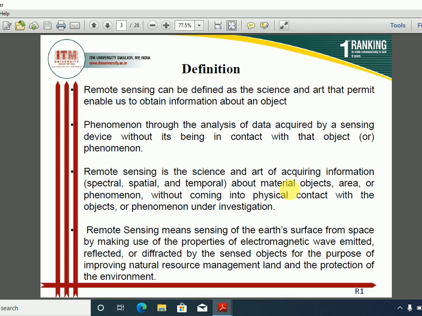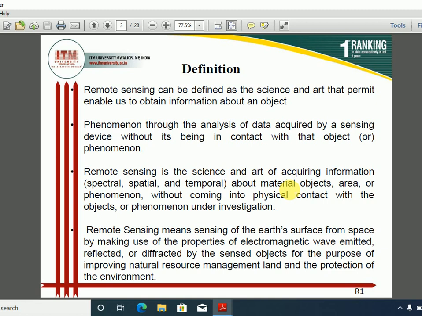So what is remote sensing? This is the question. Remote sensing is basically made up of two words: one is remote and the second one is sensing. So to sense an object which is very far away from us is considered to be remote sensing. The remote sensing technique gives us an idea about a particular object related to its spectral, spatial and temporal features.